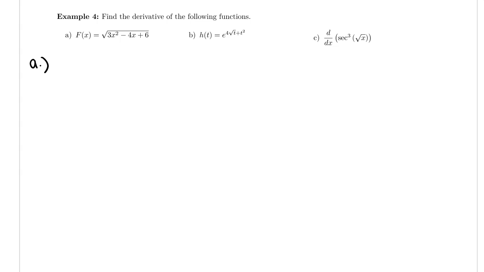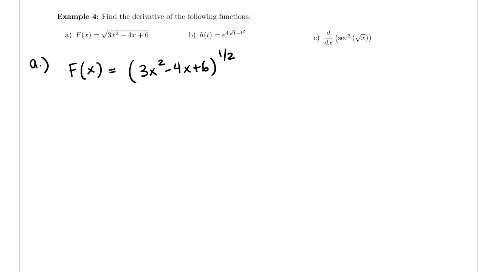And there is our answer for part C. All right, so for part D, we want to take some more derivatives. So f of x is equal to, I'm going to rewrite this using a power so that it will be easier to take the derivative of. This is the same thing as 3x squared minus 4x plus 6 all raised to the 1/2 power.